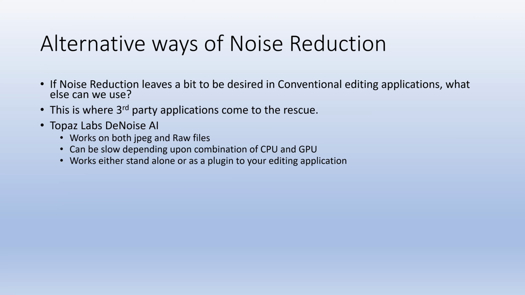But you can only use this on a raw image. You cannot use it on a JPEG or a TIFF. And you have to use it first and then import it into your editing application. It's a bit of a convoluted workflow.